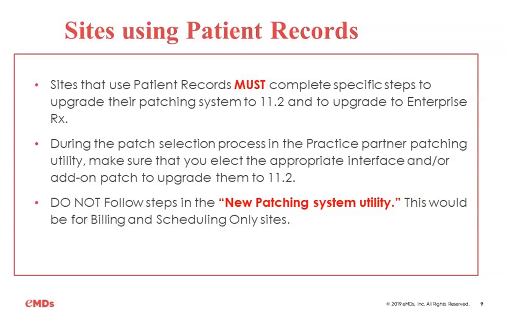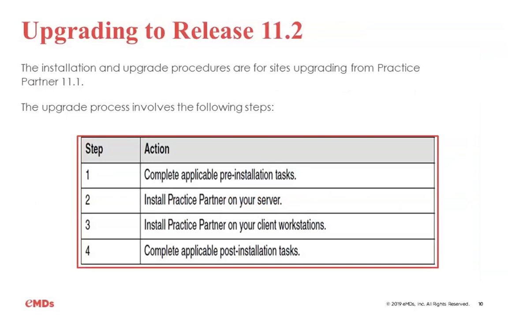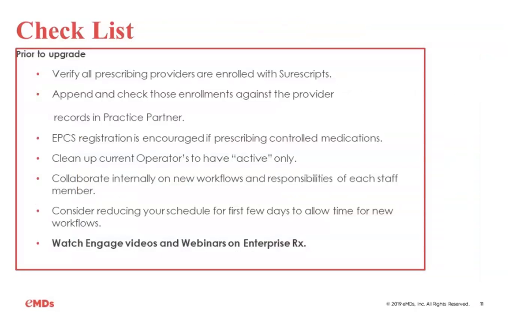So if a provider is practicing in multiple practices, multiple addresses at your site, they need a secondary SPI. And you'll be able to enroll for that free of charge once you do the migration.